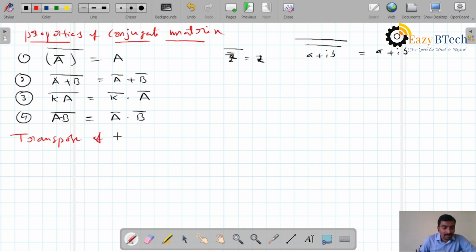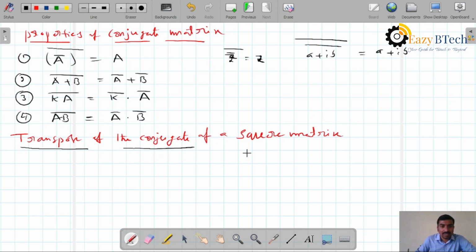Already you know these 3 terms. Square matrix means the number of rows and number of columns are equal. Conjugate means just replace i by minus i. Transpose means interchange corresponding rows into corresponding columns or vice versa.